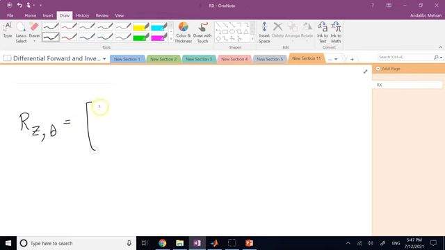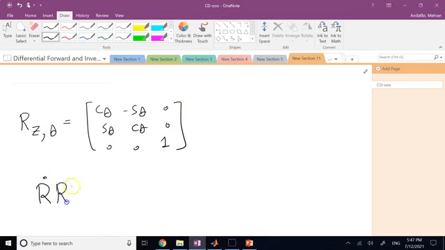If you remember, it is cosine theta, negative sine theta, 0, sine theta, cosine theta, 0, 0, 0, 1. Now I form this R dot R transpose, right? That's S based on our definition. Let's do it, see what we get.